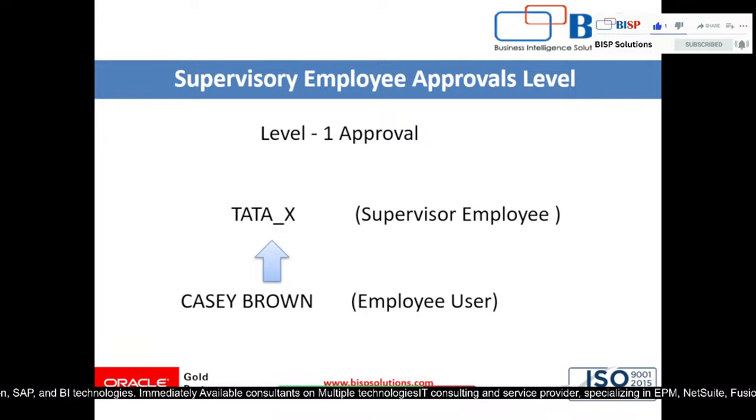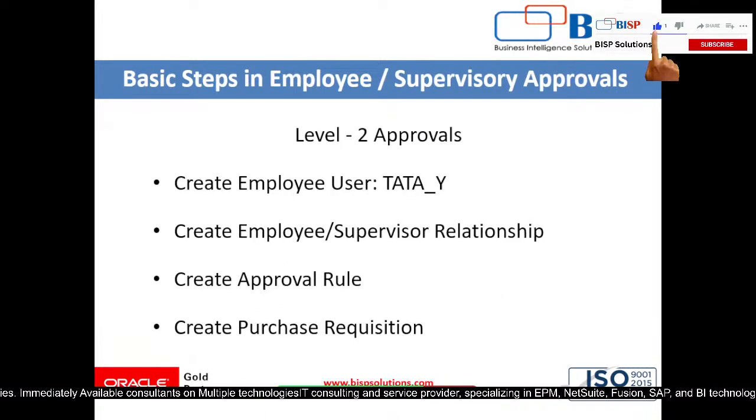So in that case, we have to create the supervisory employee, right? The level one. In the same way, we can also define the level two. In that scenario, we have to create the Tata underscore Y. In the same way, we have to create the employee and supervisor's relationship. We have to create the approval rule and requisition, purchase requisition.